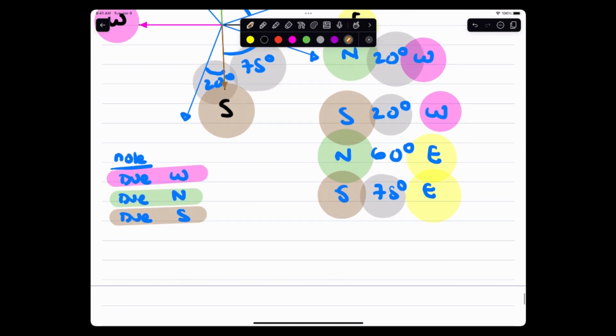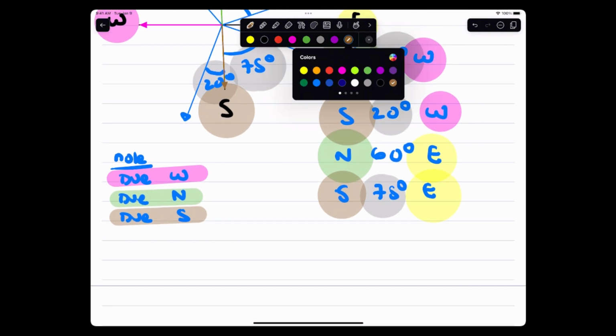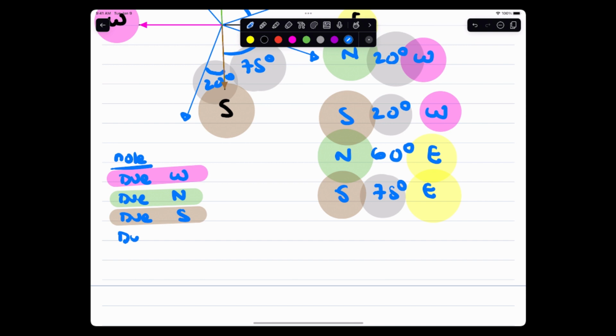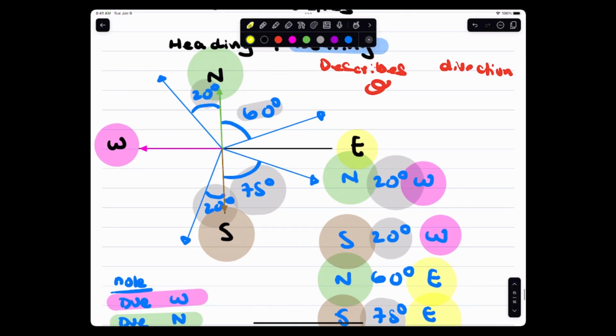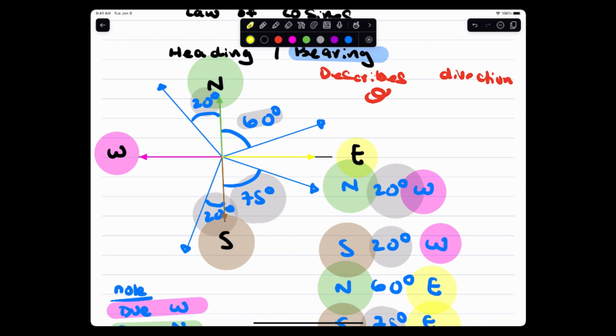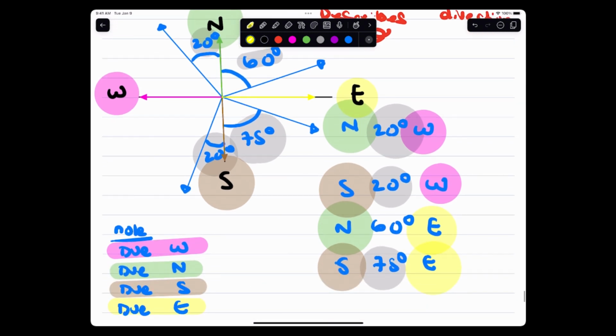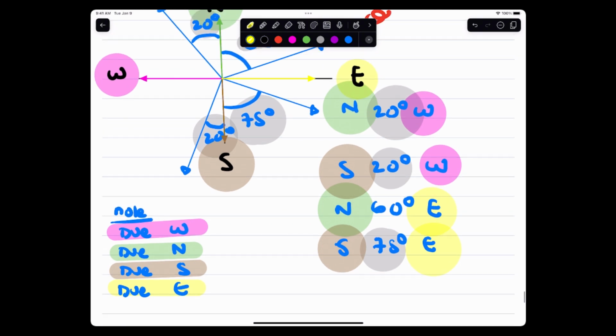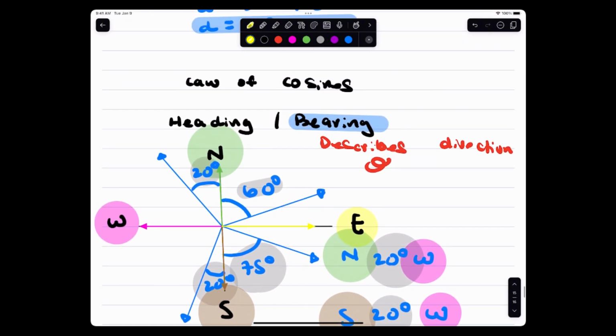Okay, and then you also have due east. Easy peasy, lemon squeezy. All right, you guys okay with that? You guys see what we're saying? This is heading and bearing.